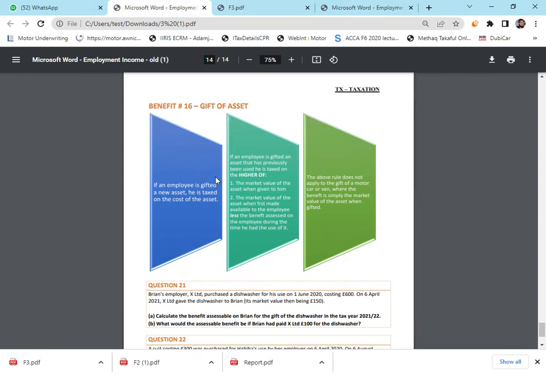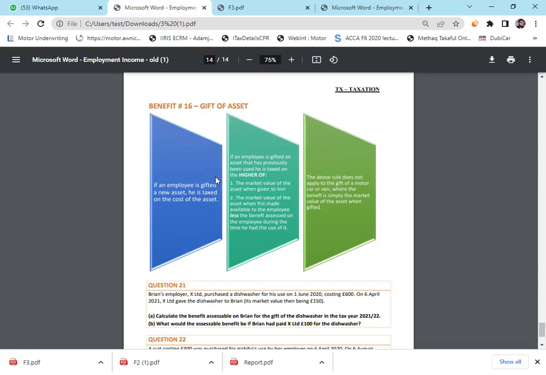What is the difference between gift of asset and use of asset? Please memorize it. Use of asset means the ownership of the asset remains with the employer. The employer is the owner of the asset. If you are quitting your job, you have to return this asset to the employer.